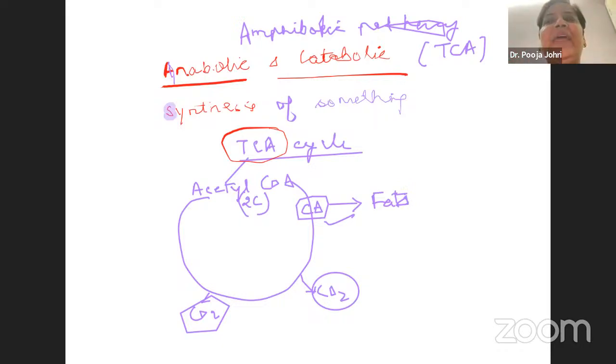I am telling you, anabolism means formation of something. Catabolism means degradation of something. So the TCA cycle is the only amphibolic pathway in our body where anabolism leads to the formation of fats, and catabolism gives out carbon dioxide, and that is what exactly happens here. Got my point? Amphibolic pathway.